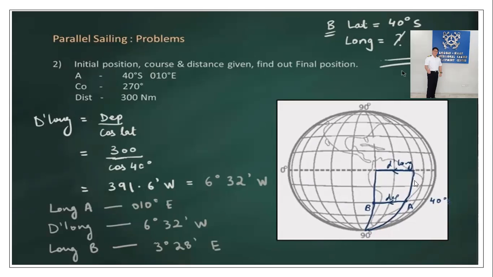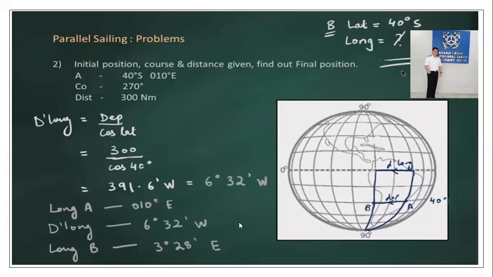If you imagine on the diagram on the right side, point A is going here. This is 10 degrees east, meaning from the prime meridian at 0 degrees longitude, going 10 degrees east here. Then you are going westward, so you just subtract. Once you subtract, you will have your longitude B, which is 3 degrees 28 minutes east.